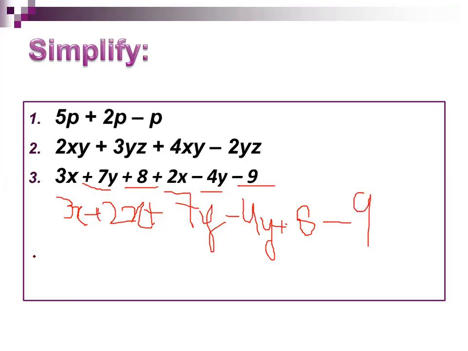So 3 plus 2 will become 5x. Then 7 minus 4 will become plus 3y. And 8 minus 9 will become minus 1. Why minus 1? Because 9 has the bigger value. Now move on to the last one, and please hurry up, time is running out.